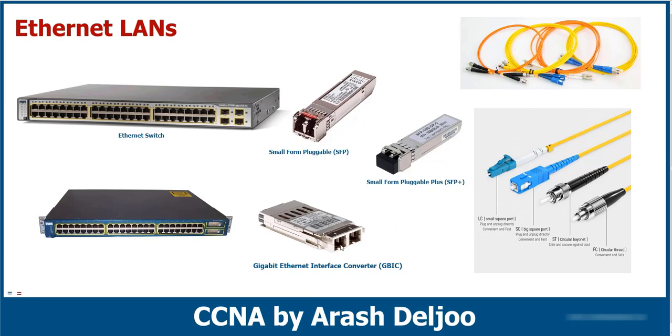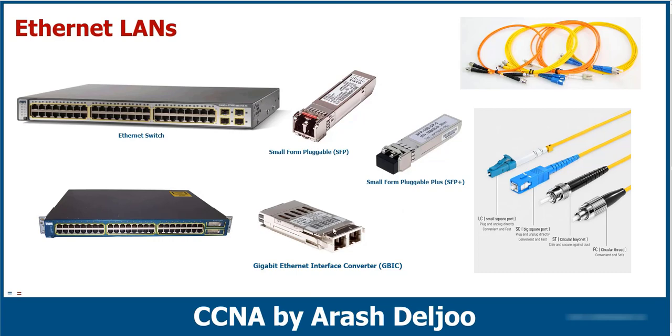Look at here, this is the SC connector, similar to this port. When you insert this GBIC into this empty slot, you can connect the SC connector, meaning the fiber optic patch cord, to the GBIC, and after that you have connected the switch to the fiber optic.